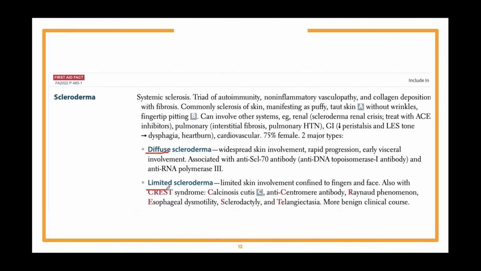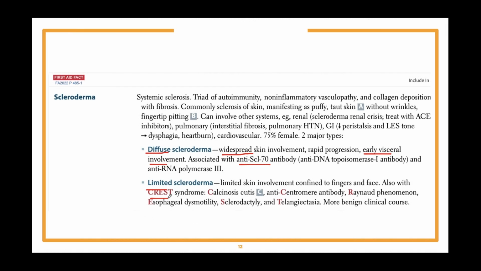Diffuse scleroderma is when you have thickening of your skin beyond just your fingers, so up to your arms, your mouth, your legs as well. On top of that, you have more organ involvement, so your kidneys might be affected more. And you can see that that's associated with anti-SCL70 antibody. Now this patient has more of limited scleroderma, previously known as CREST syndrome.